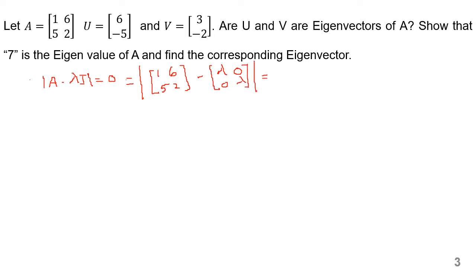That gives you the determinant of 1 minus lambda, 6, 5, 2 minus lambda.